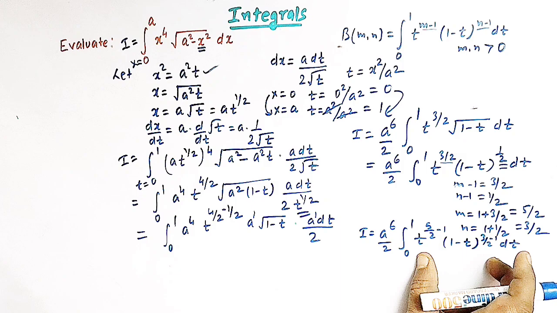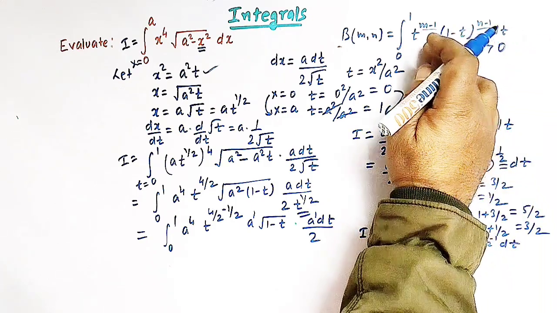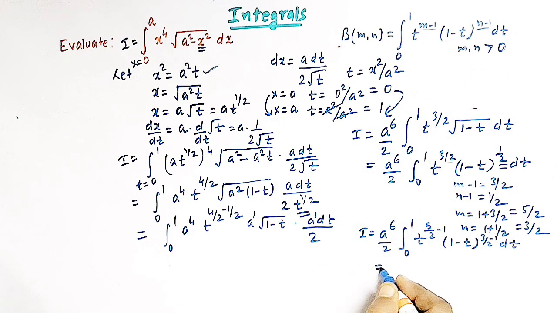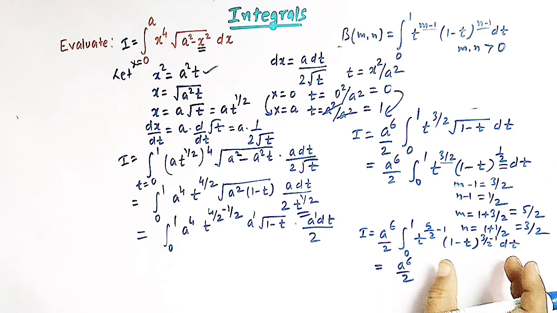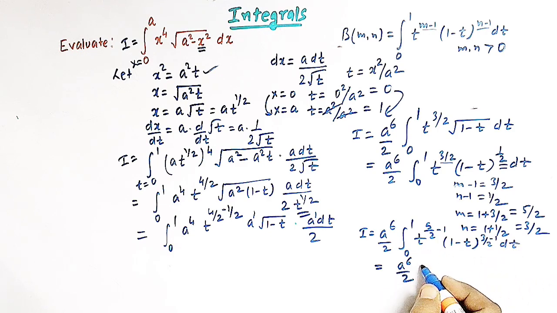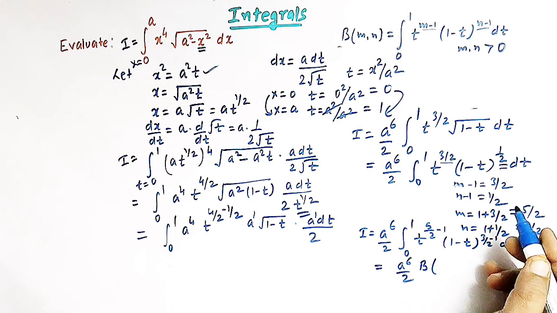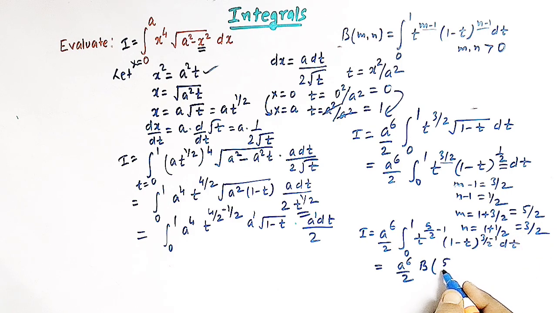So now this integral is exactly similar to this one, right? So we have here a raised to 6 over 2, and this integral is equal to the beta function, that is beta m comma n. M is 5 over 2 and n is 3 over 2. So now we have to find out the value of beta 5 over 2 comma 3 over 2.